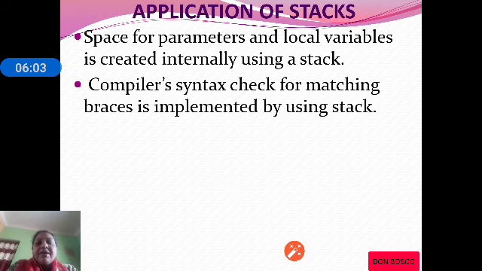Then compilers use stacks to check whether the braces are given properly. When you write a C++ program, you use so many brackets. Sometimes when you miss giving the closing bracket, you will get an error. To match the braces you have used, the compiler uses the stack to check the matching braces.